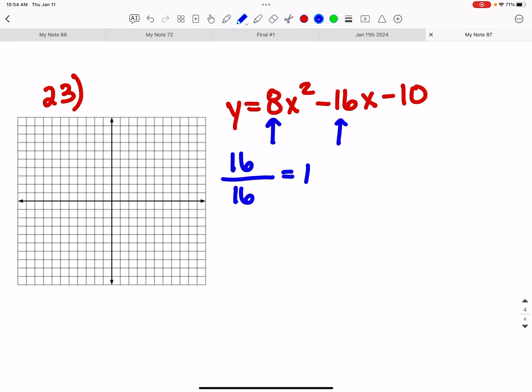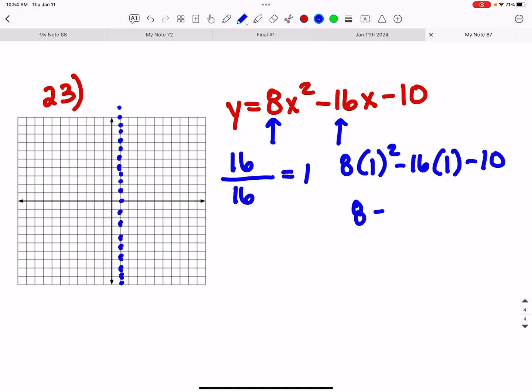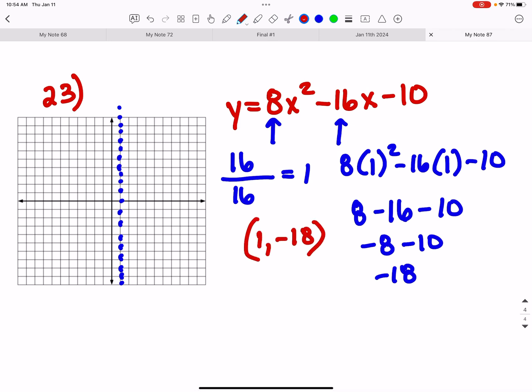The axis of symmetry is at x equals 1. Okay, so let's plug in 1. 8 times 1 squared minus 16 times 1 minus 10. This is 8 minus 16 minus 10. This is negative 8 minus 10, which is negative 18. Okay, so at 1, negative 18 is where this thing would be, all the way down here.